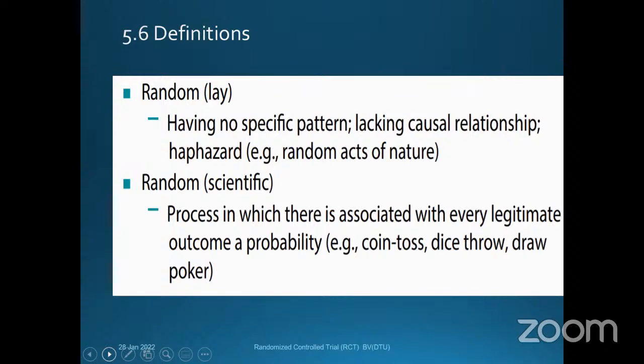But scientifically, random is a process in which there is associated with every legitimate outcome a probability. So probability is associated with random, a process in which there is a probability of having heads or tails in a coin toss, in a dice throw, in poker, etc. So these are very important.